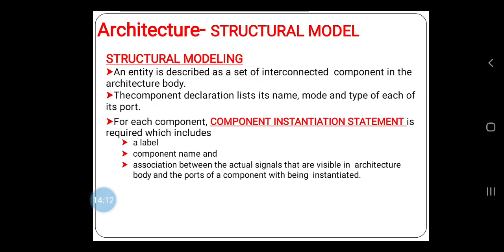Now we will study the architecture's structural model. So in the structural model, an entity is described as a set of interconnected components in the architecture body. The component declaration lists its name, mode, and type of each of its ports.